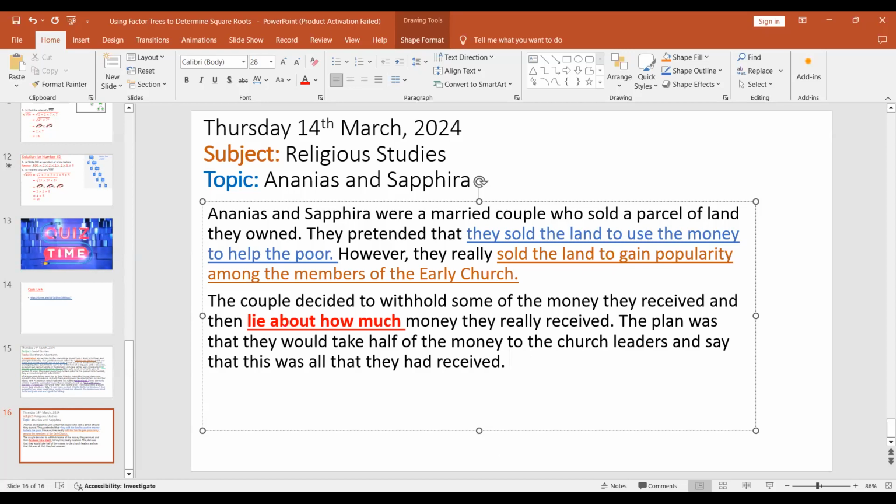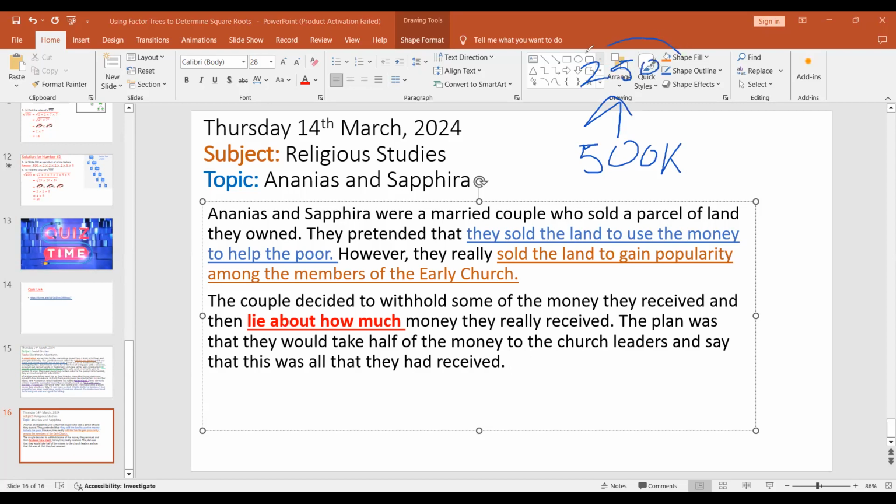So they sell the thing. Let's say they sold it for 500,000 dollars. Now they're gonna take half of it. What is half of 500,000? It's 250,000, right?